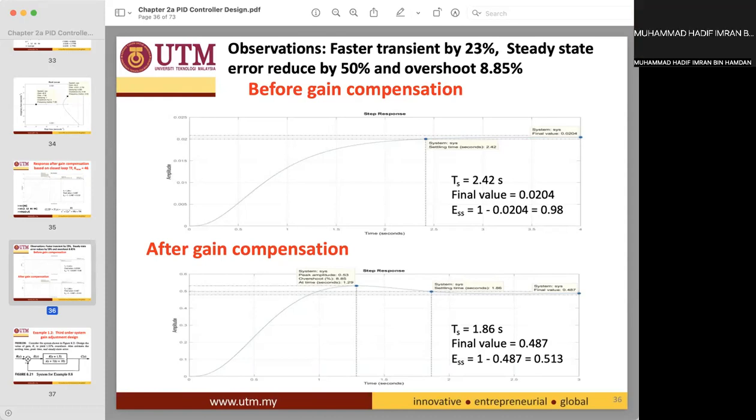As Ivan told us just now, the dominant pole is here. So we introduce the PI controller, S plus 0.01 over S. Then this is the open loop transfer function. Then we resketch the root locus with the PI controller to make sure that we have the same transient response and zero steady state error.